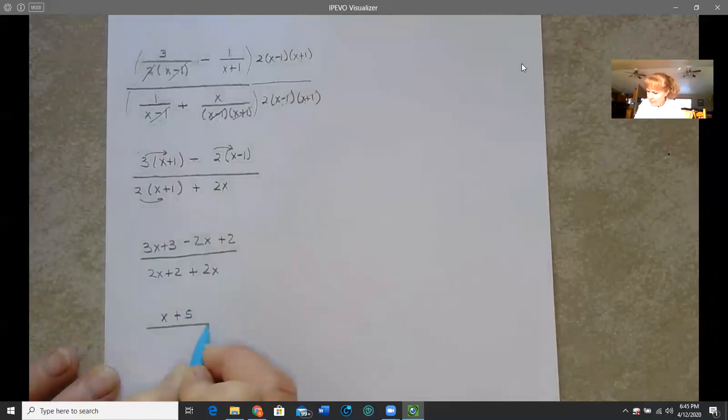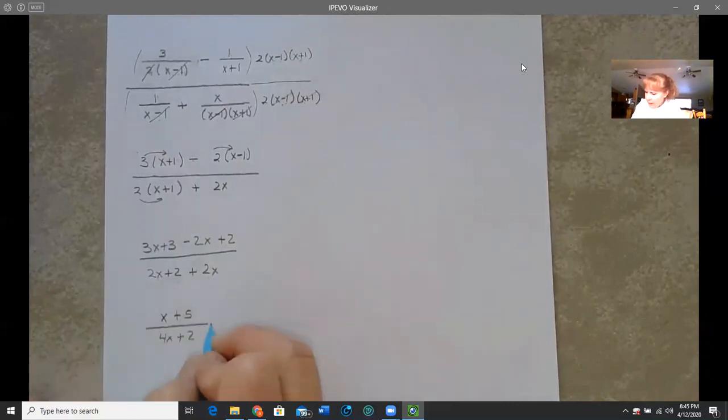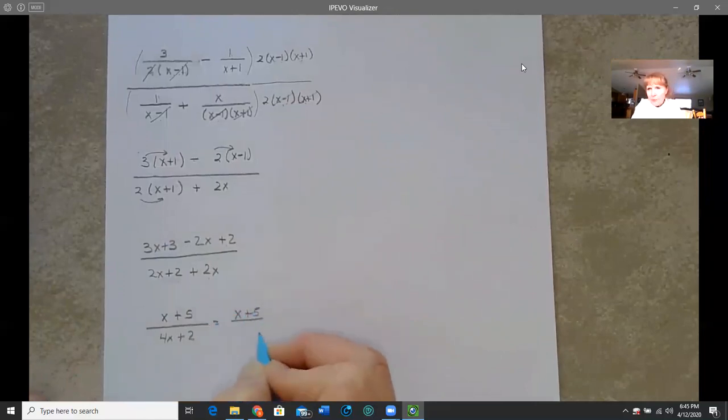all over 4x plus 2. Okay. Now you need to ask yourself if this can be simplified. It doesn't hurt. You cannot factor the numerator. That's still an x plus 5. But you could factor the denominator by taking out a 2.